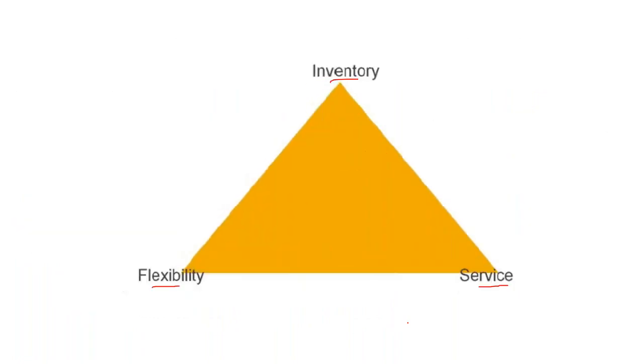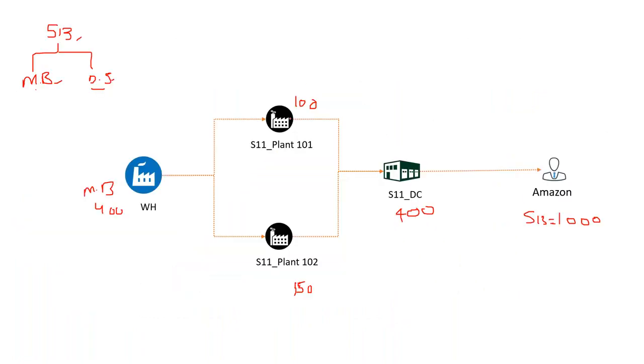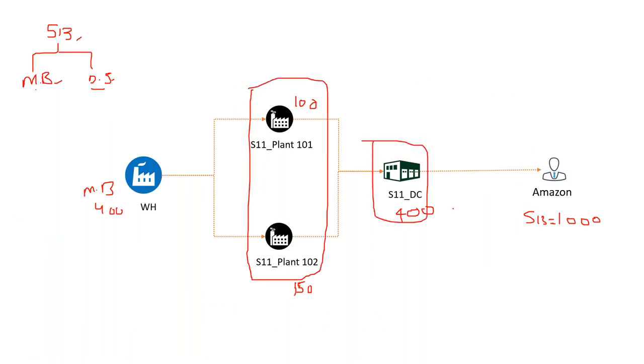What I mean to say is that in this example, you can keep all the finished goods at the plants itself. But what if the safety stock is not at the DC? You might lose sales because there has to be another transportation activity from plant to DC, and from DC it reaches Amazon. So you need to have the right inventory, but also at the right place.